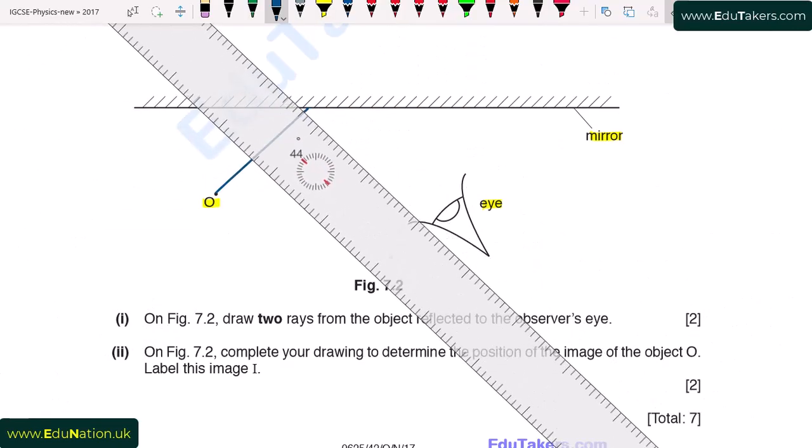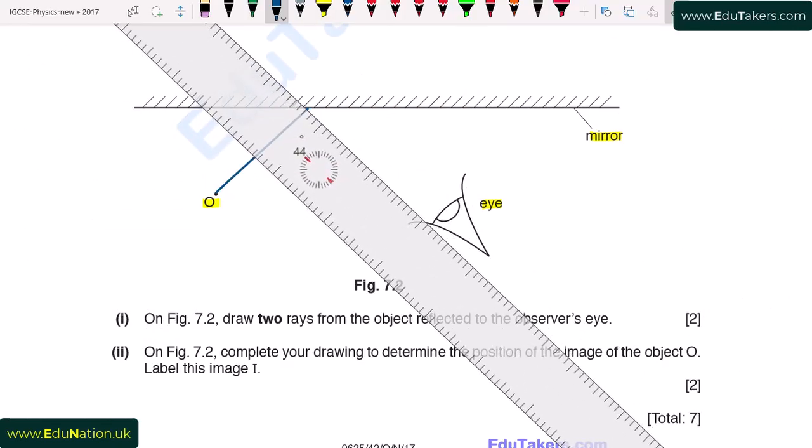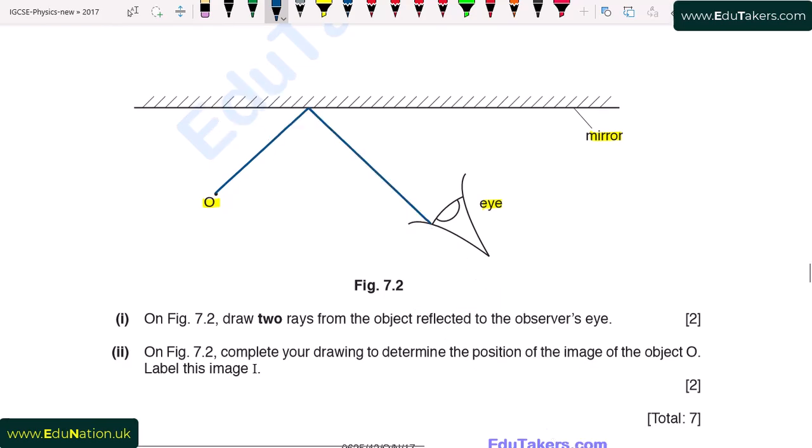So I am going to draw it again here. So this is the path of the first ray. The second ray also starts from the object O, and after reflection by the mirror enters into the observer's eye. Now I am going to draw the path for the second ray.